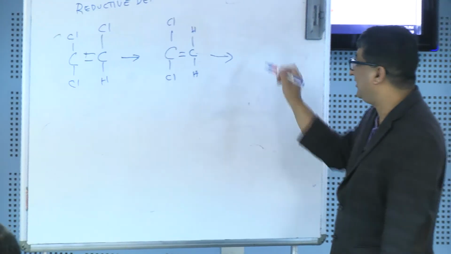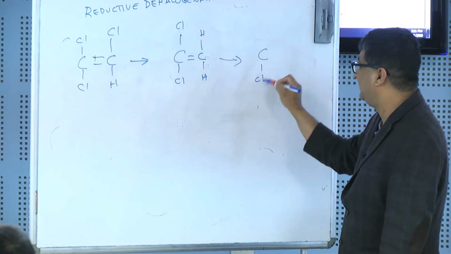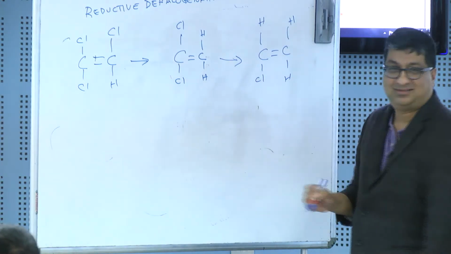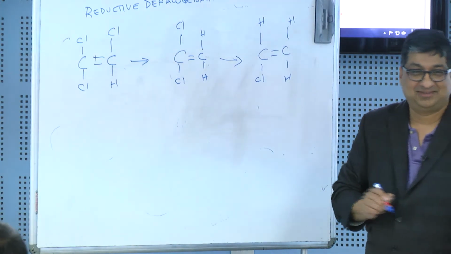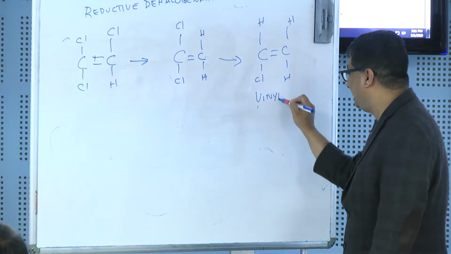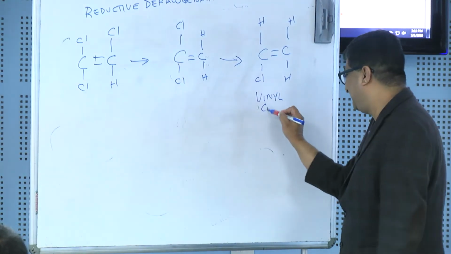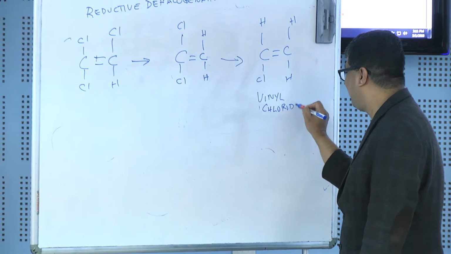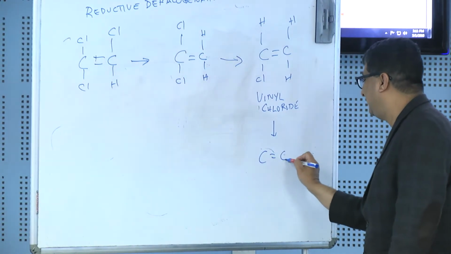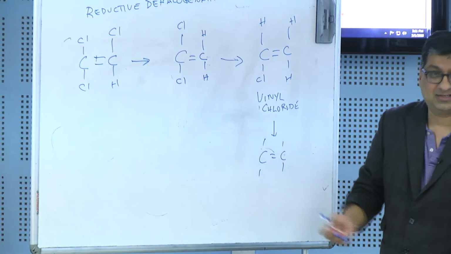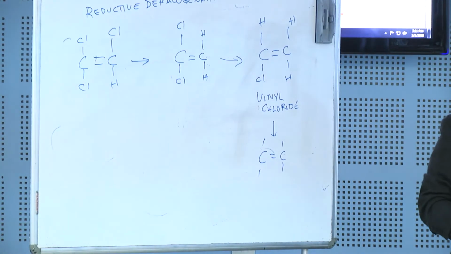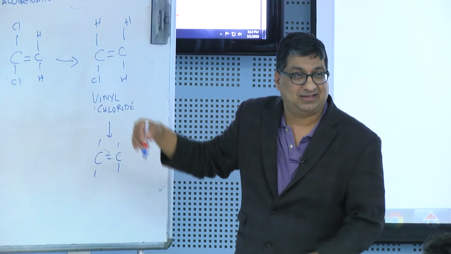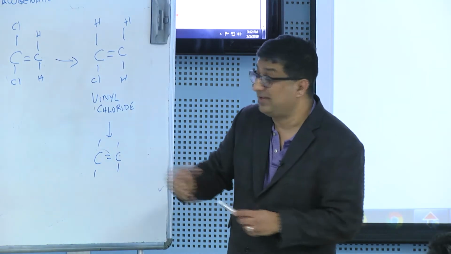What if I pull out another? Monochloro. It's actually called vinyl chloride. Okay. But monochloroethylene is just fine. That's ethene. So basically we go from trichloro to dichloro to vinyl chloride to ethene. So that's the reductive dehalogenation process.